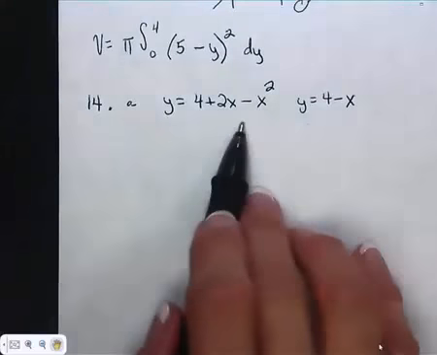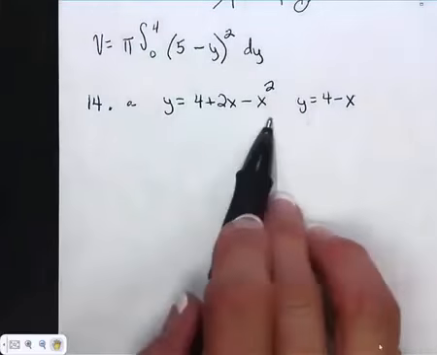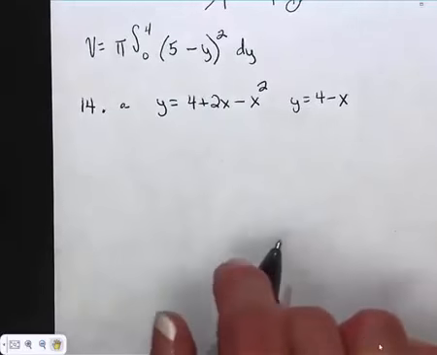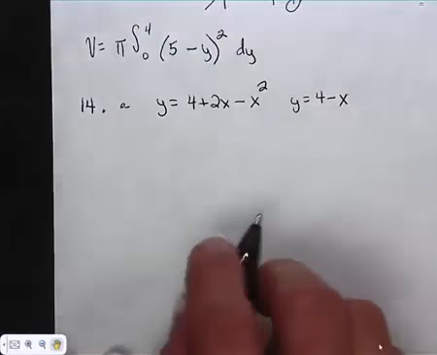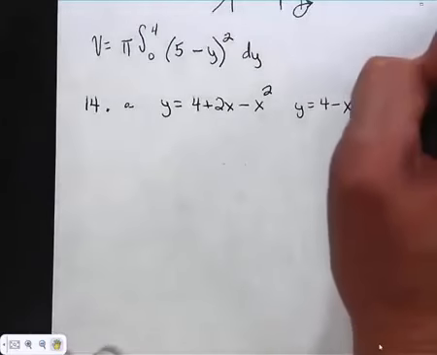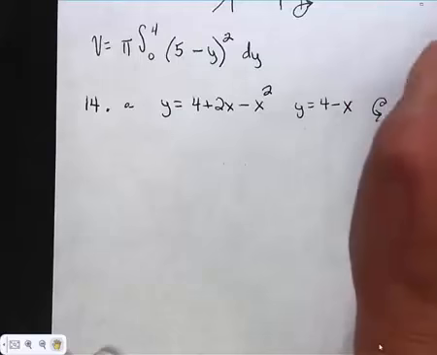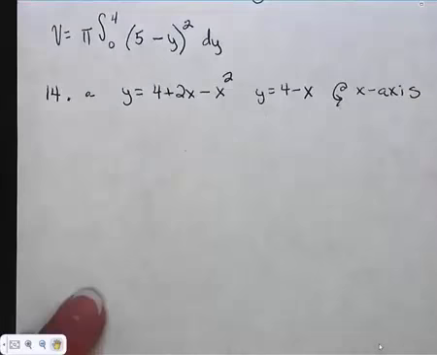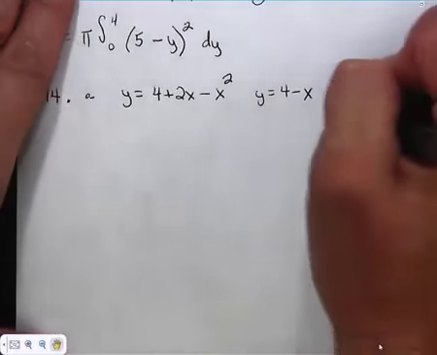You have a quadratic, a piece of a parabola, and a line. And we're going to rotate that in the A part around the x-axis. Rotating around the x-axis means we're using vertical rectangles, perpendicular to the x-axis.